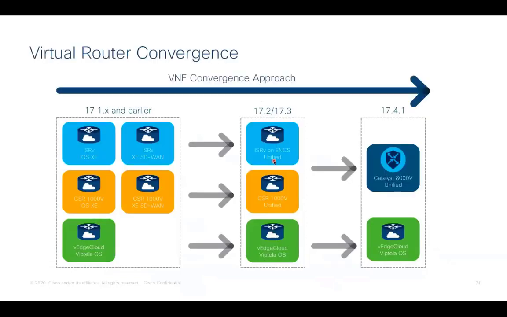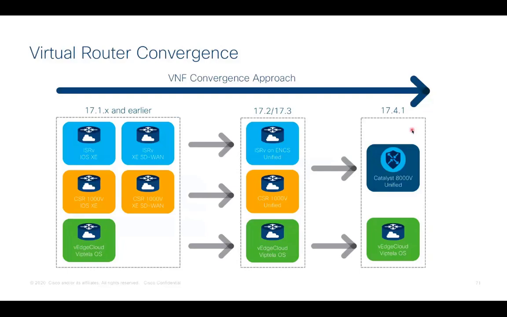This slide talks about virtual router convergence. As you all know, in 17.1 and earlier XE releases, we had 4 different IOS XE operating systems, which means 4 virtual routers to address SD-WAN and traditional routing use cases. Starting with 17.2 and with the 17.3 XE release, with unified image support, customers were able to run both SD-WAN and traditional routing for each of CSR 1000V and ISRv in a single binary file.